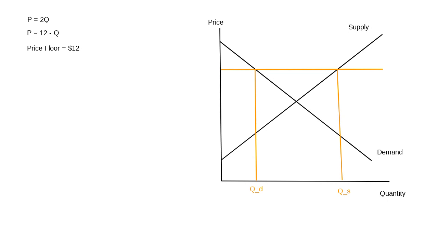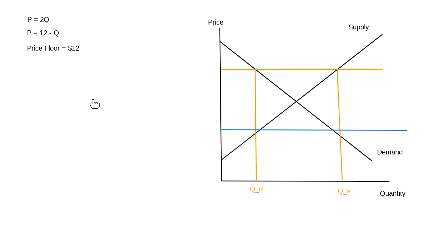Or we could have a non-binding price floor. That's one which appears below the equilibrium, in which case the equilibrium price is legal. It's above the floor, so nothing happens. The prevailing price is indeed the market clearing or equilibrium price.